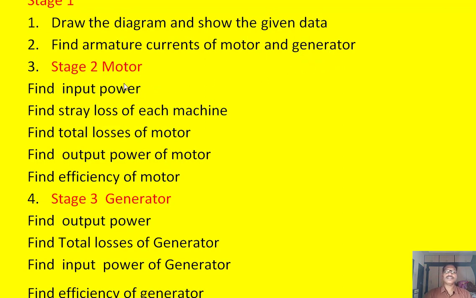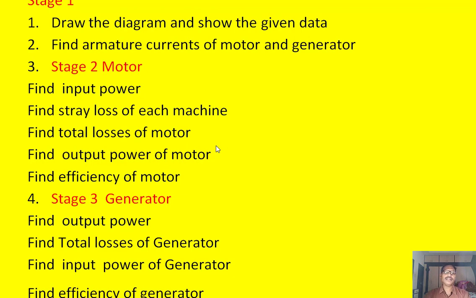Next, in the second stage, as a motor we analyze and find the input power, and from there the stray loss of both the machines, and from there the stray loss of the individual machine. Then we find the input power to the motor, the output power of the motor, the loss of the motor, and then the efficiency of the motor.